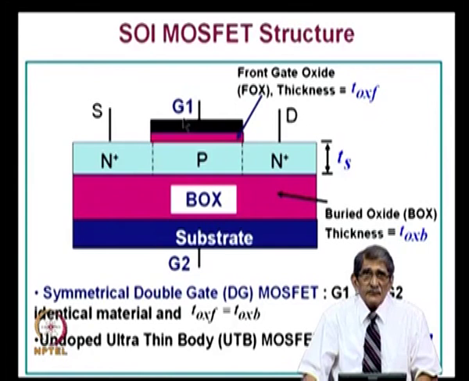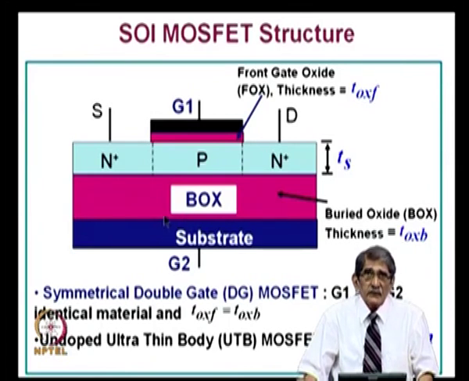Now, in the case of SOI MOSFET, you have the buried oxide, which we can also call the back oxide, and the substrate on which this oxide is grown and the device is fabricated. I have shown the substrate thin here, but it will usually be thick to hold the device.